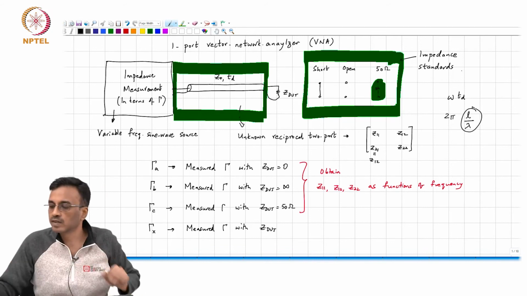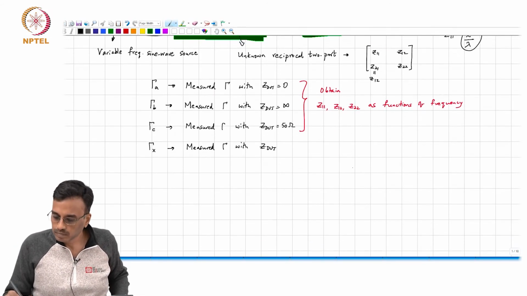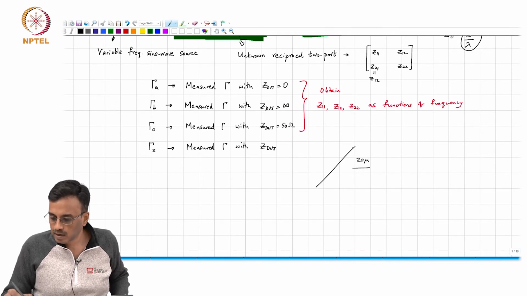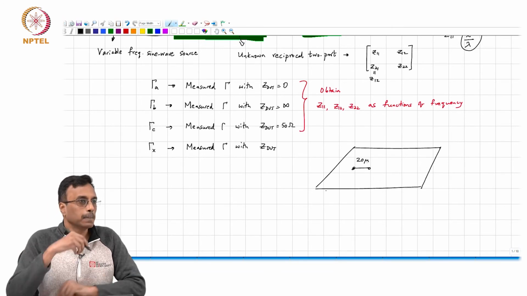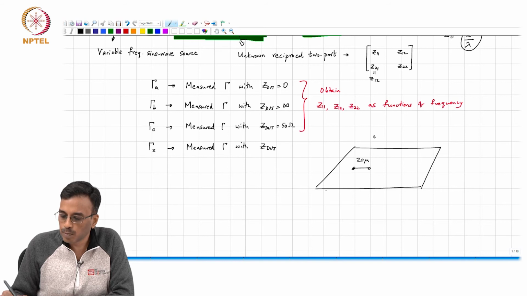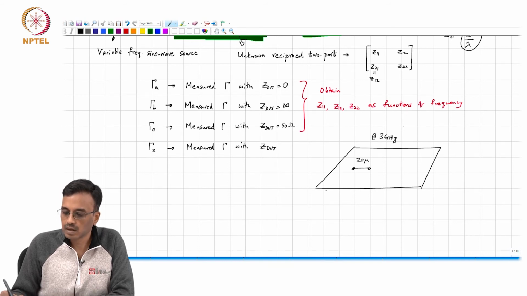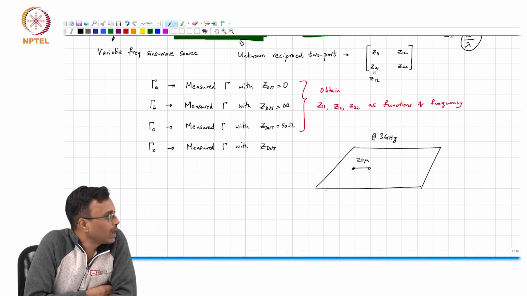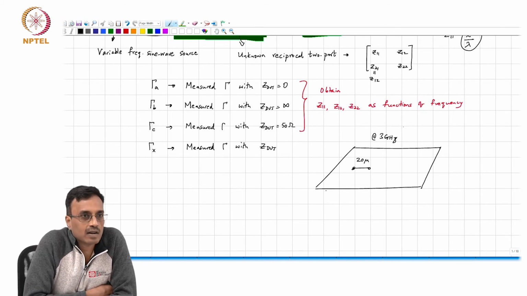Let us say I have a line which is 20 microns long on a silicon substrate, and the maximum frequency of operation is 3 gigahertz. Do we need to use distributed circuit theory, or are we good enough working with lumped circuits? You have a piece of wire, how would you represent it, what would you do? Yes, Ajay Kumar Reddy, what do you think?